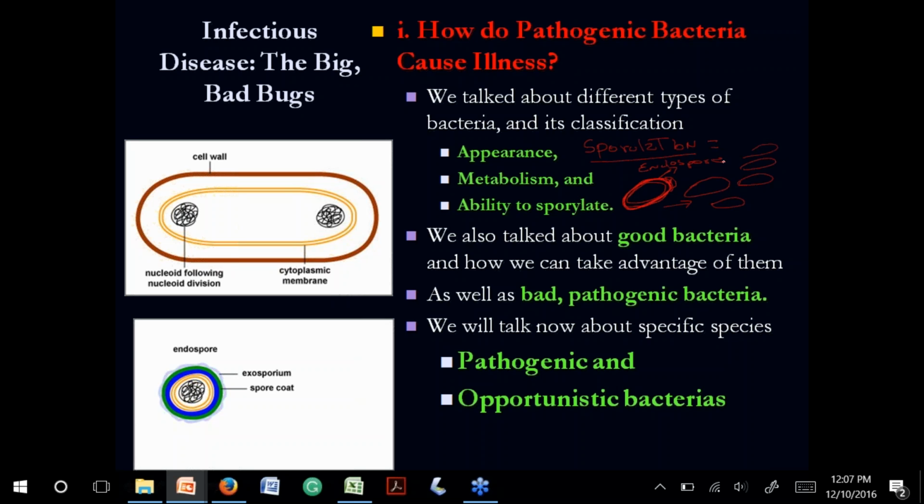The sporulation process involves the production of the endospore, then the multiplication. So sporulation means the bacteria produce endospore and then multiply. The endospore is the cover of the bacteria to protect itself.